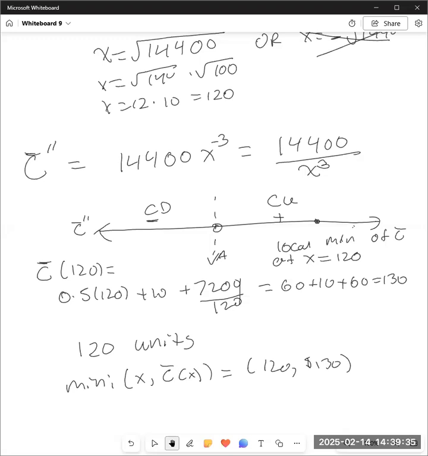I kind of just gave you an idea of maximizing and minimizing revenue and cost and profit and things like that. We might also get into some geometry problems. It looks like we're going to stick mostly to business applications, which I like for this class.